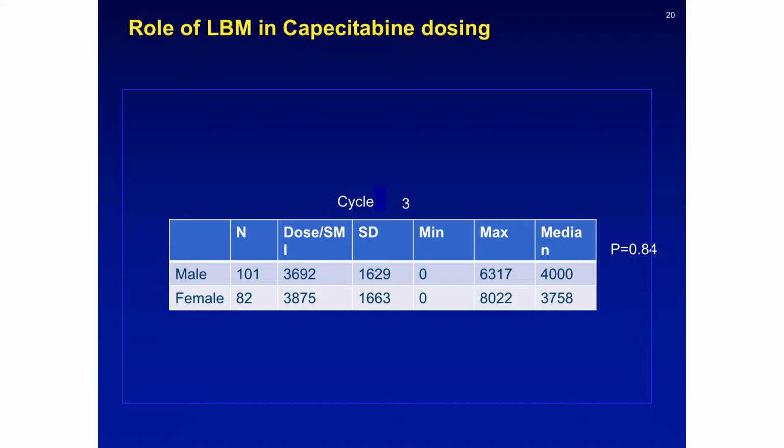So lean body mass, I think, explains the difference in dosing between breast cancer patients with respect to capecitabine versus GI cancers. And interestingly, most of my profession subspecialty has been fixated on what it is about breast cancer versus colon cancer that leads to the different dosing?